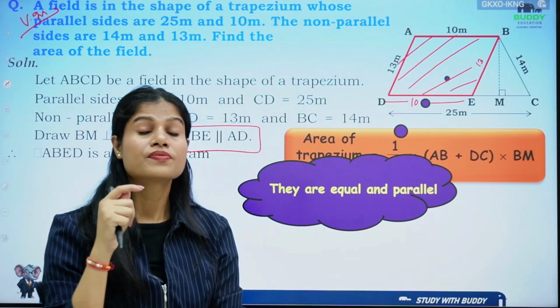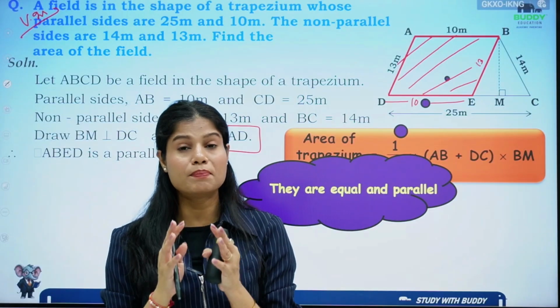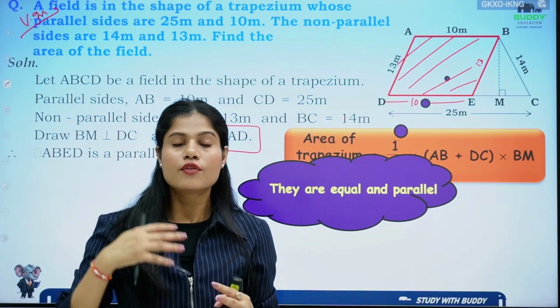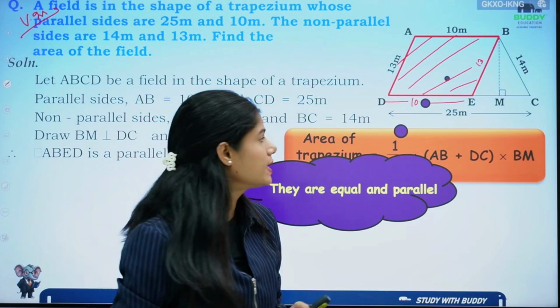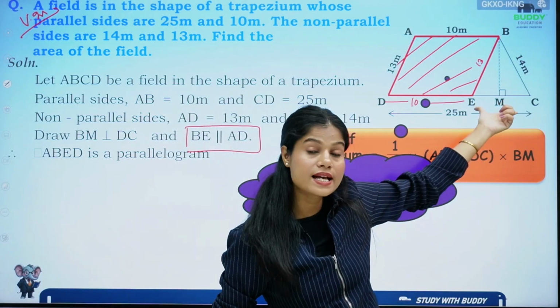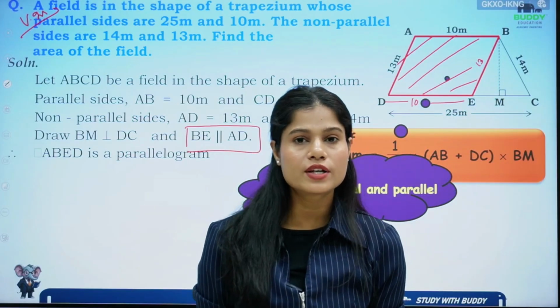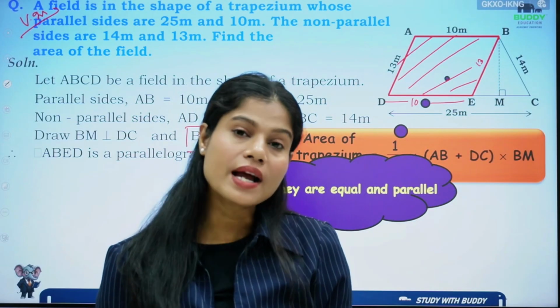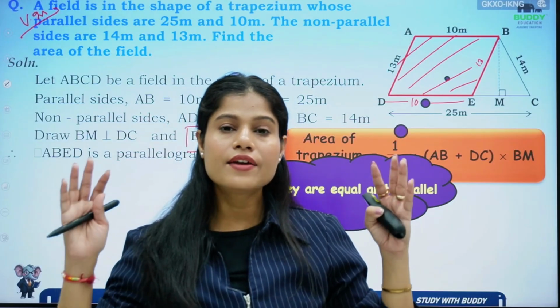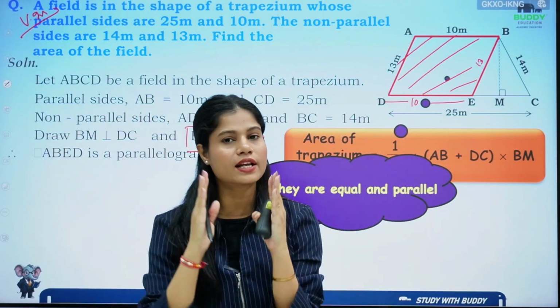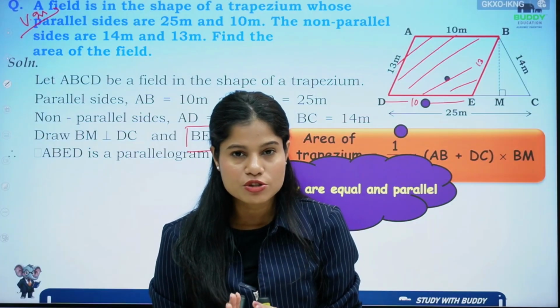But for finding the area of a triangle, the basic formula we have been using so long is half base into height. If I take the base as EC and the height as BM, this is also one way to find the area. Why are we using two ways? Because even if you use ten ways to find the area of a certain thing, the area is going to be equal.